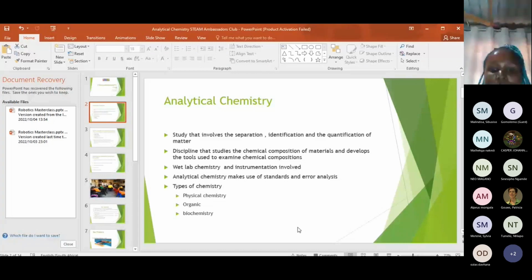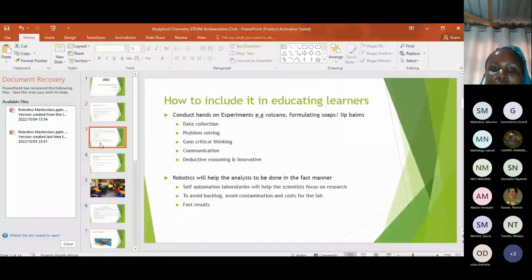So the analytical chemistry field uses standards and error analysis. So in this field, we'll need to have AIs. We need to introduce our children, as they are doing the robotics, to AI so that they can come up with innovation that could abide by the standards, and also do the analysis in a way that is very fast, reduces that time, and avoids contamination.